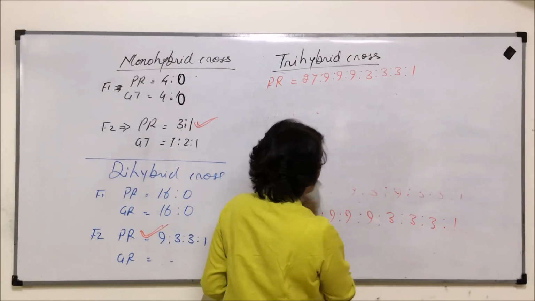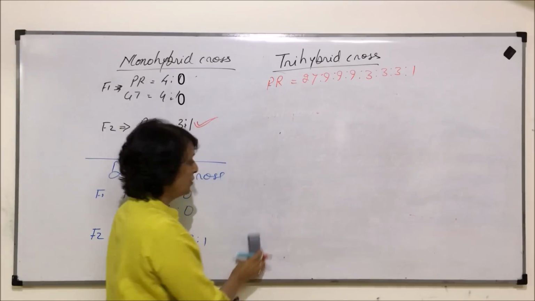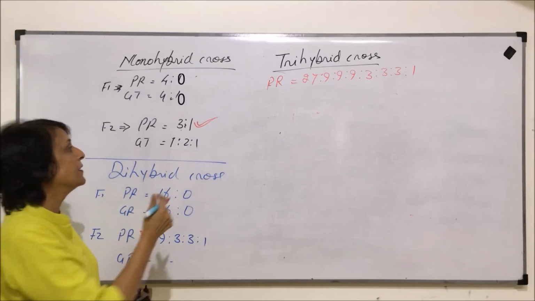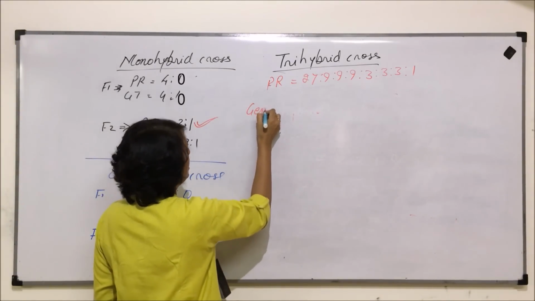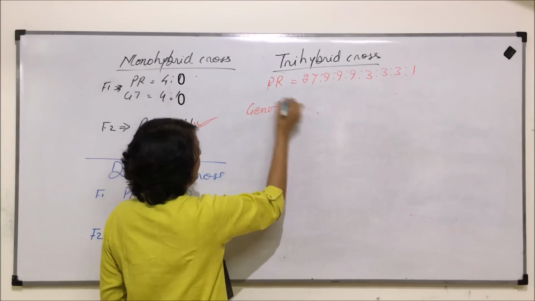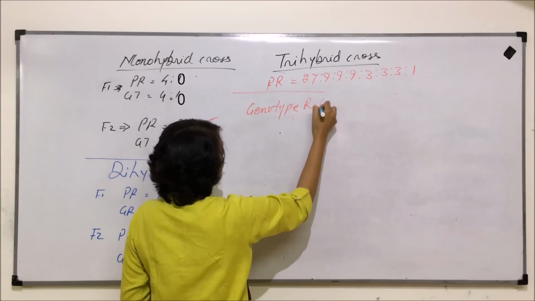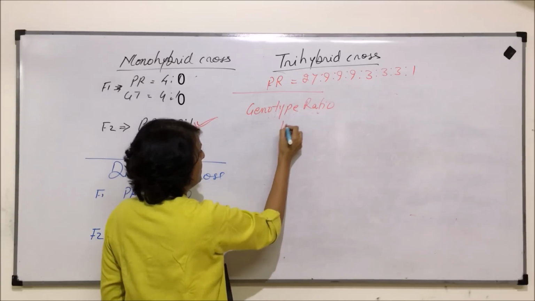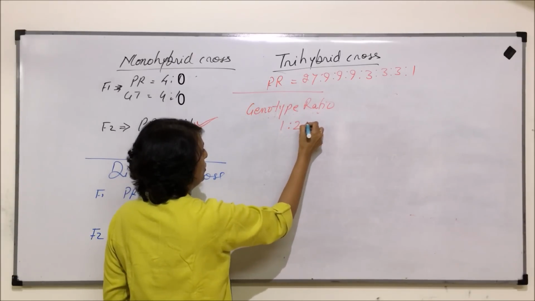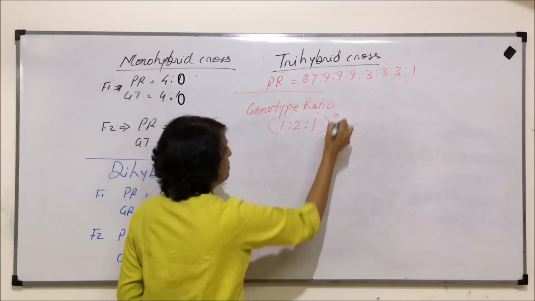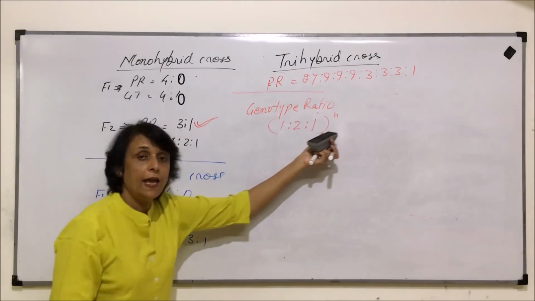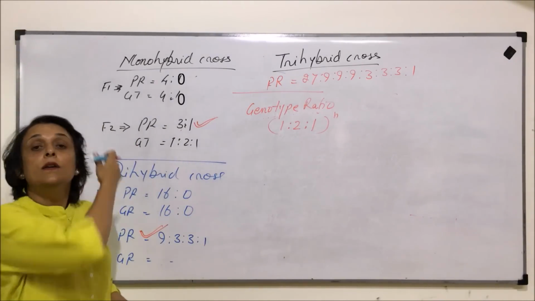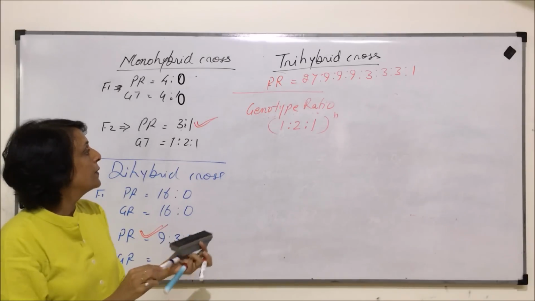Now let us calculate the genotype ratio using another formula. So for genotype ratio, the formula is 1 is to 2 is to 1 raised to the power n. n is again the number of traits which we have taken into account.